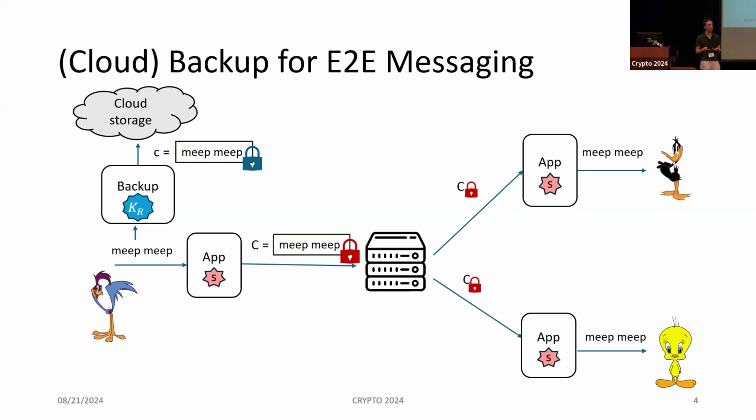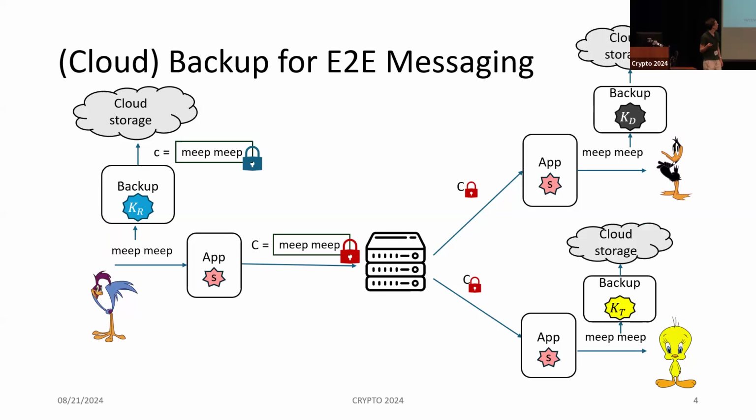So the idea is that as long as you somehow can remember this backup secret, you could recover all your prior messages from just the cloud storage. And importantly, all of the 3 parties, or all of the end parties in a larger group messaging chat, would do that independently. So in some sense, each of them has their own cloud.